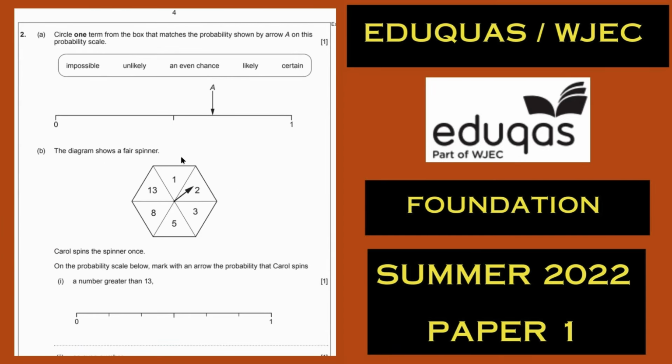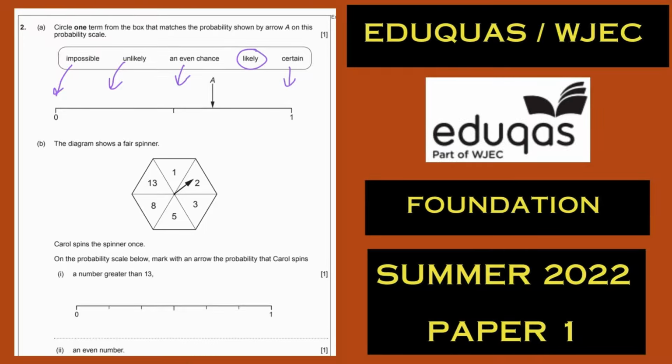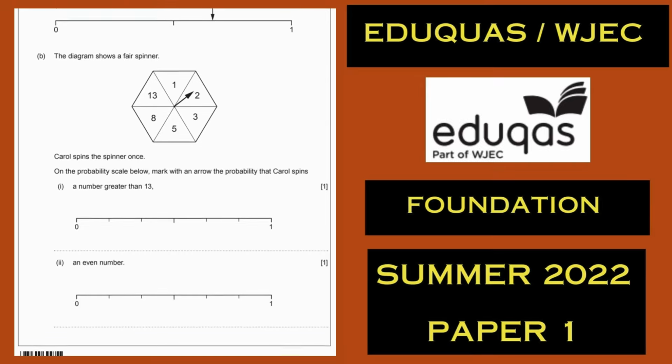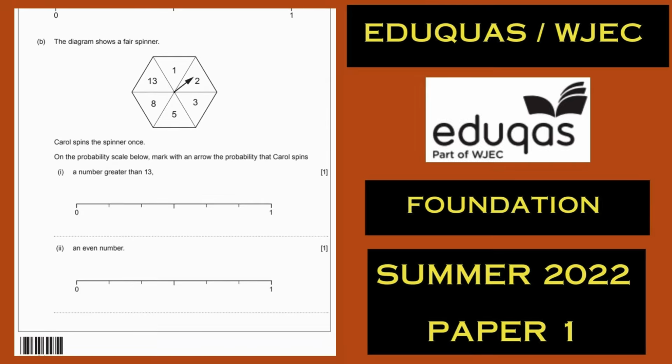So number 2, basic probability. Circle one term from the box, so obviously to run through, impossible is down there, unlikely is in here. They've actually put them in order, quite giving away sort of thing. If you didn't know, they've given it away. Part B, we've got a fair spinner, so every section is a 1 out of 6 chance.